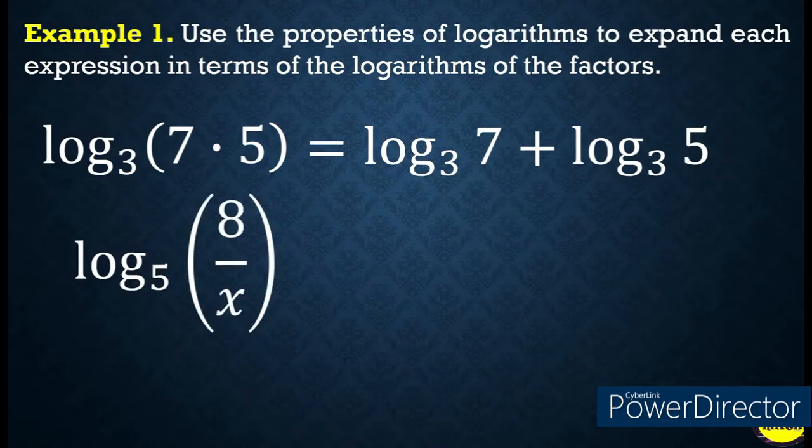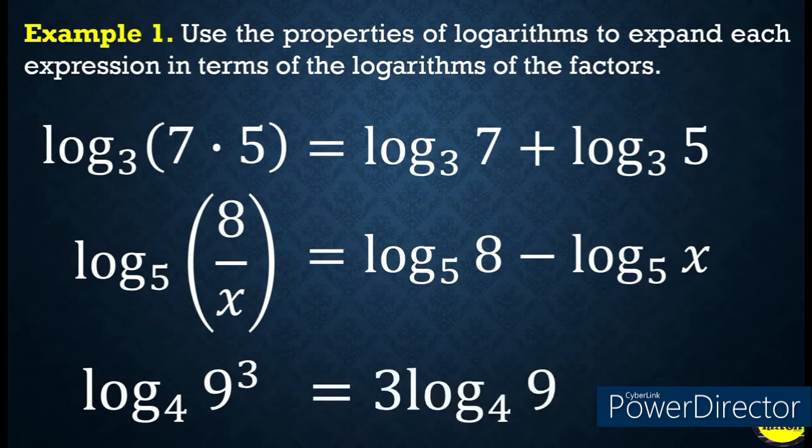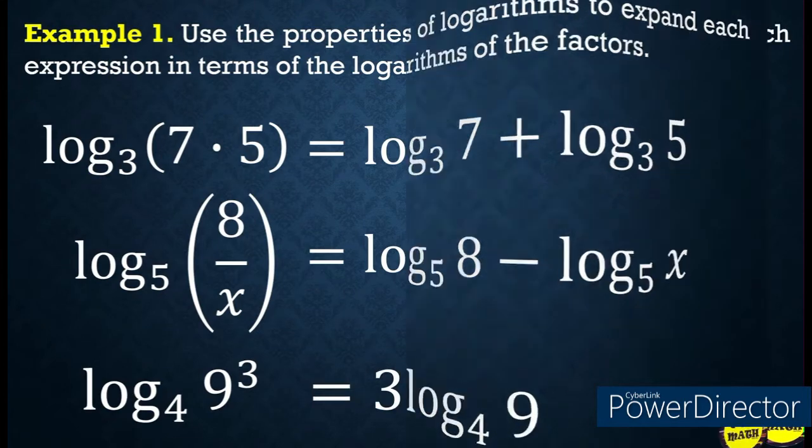Next, logarithm of 8 over x with base 5 is equal to, so what law is this? Law number 2. Log 8 with base 5 minus log x with base 5. Next, log of 9 cubed with base 4 is equal to, based on law number 3, 3 times log of 9 with base 4.